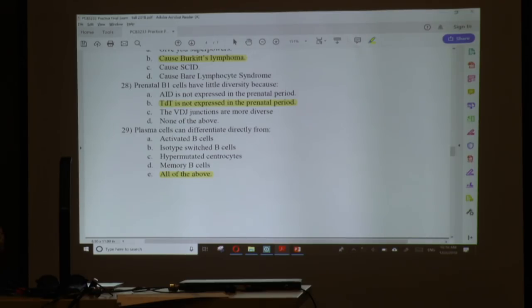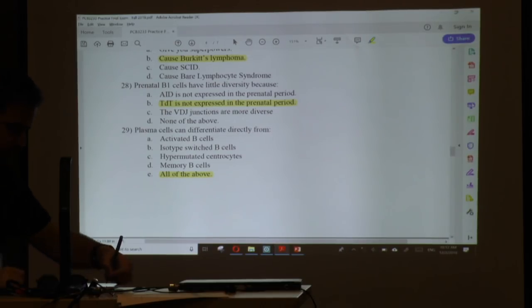Make sense? Cool. And then the plasma cell can be turned off into a memory cell, and then a memory cell can be activated again, and it can turn into a plasma cell again, or be told, hey, go into somatic hypermutation, make an even better antibody, right? Cool.